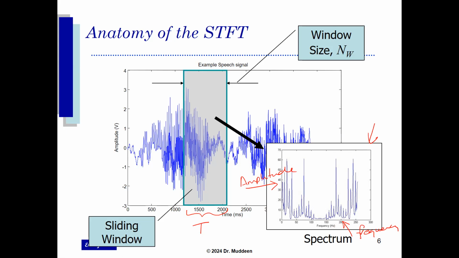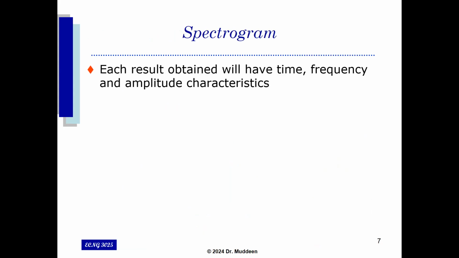So at the end of the day, we have three sets of variables to deal with. We have a time variable, we have a frequency variable, and for each frequency, we have the amplitude of that particular frequency. So what we do is put that together in an image.